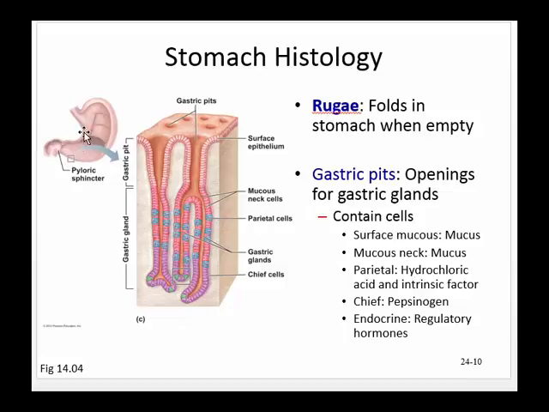We can also see that there are 3 layers of muscle that surround the stomach, and that's going to help with the physical, mechanical digestion, the churning and mixing that we see. And then within the stomach itself, there are tons of epithelial cells that line the inside of the stomach. And they have a pretty important job. There are different types of mucus cells that will produce mucus, and that's because the cells called parietal cells are going to produce hydrochloric acid.